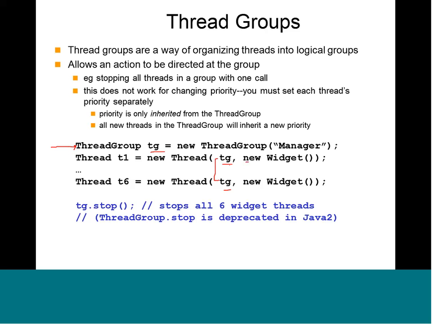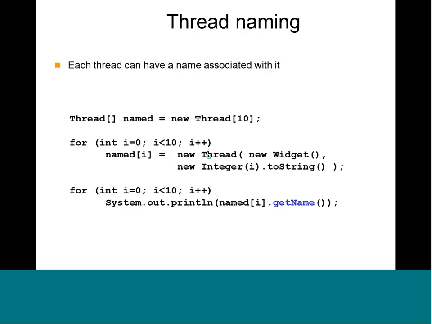Naming of threads is helpful too, because like in this case, what am I doing? I've got 10 threads, and when I instantiate the thread, I'm giving it a name.